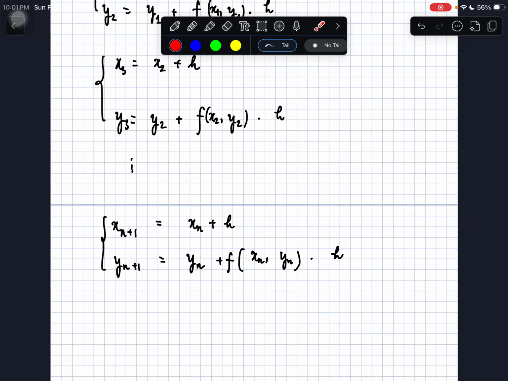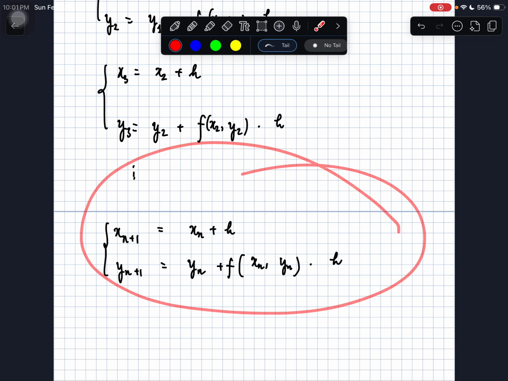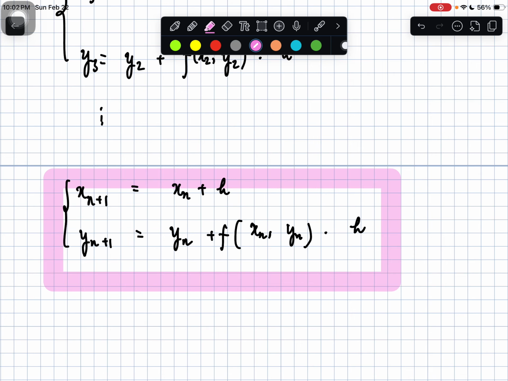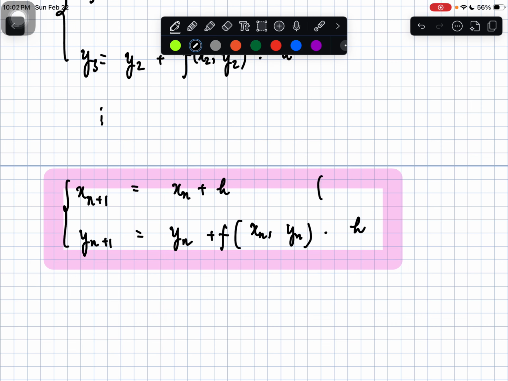So in general, this will be the approximation by Euler's method, for n bigger than or equal to 0. Euler's methods.